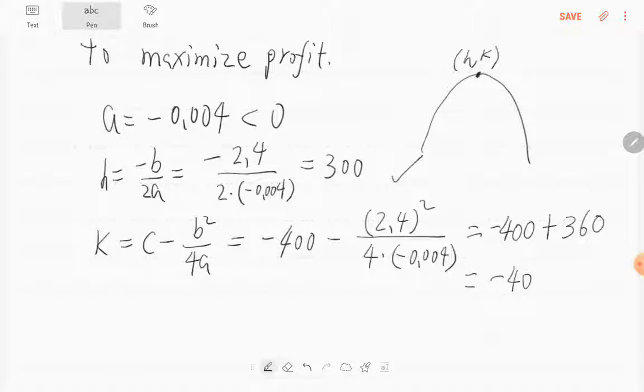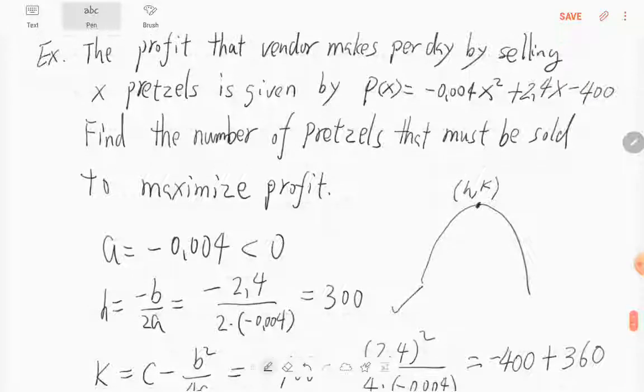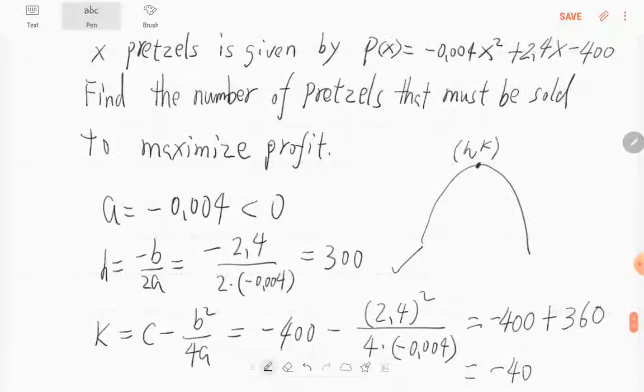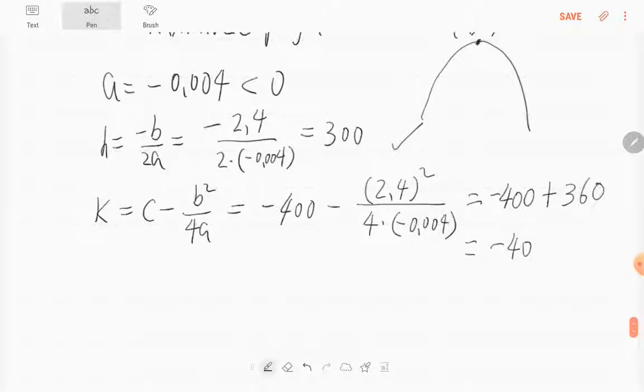It tells you that you never earn money, so the store should be closed, because the maximum profit is negative $40. You will lose at least $40 each day. We can do the calculation to see what happens. So the answer should be the vendor should sell 300 pretzels to maximize the profit. Although here it is a negative number, it's still the maximum.